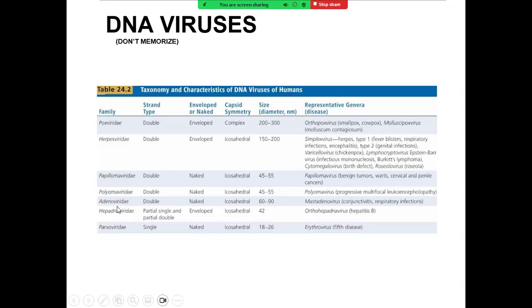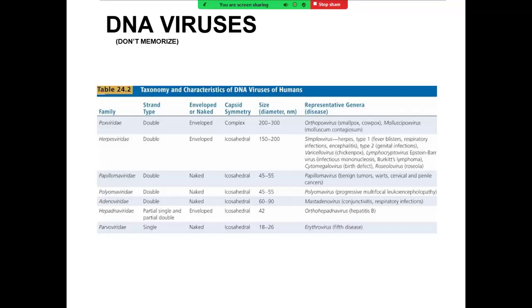We will talk just a little bit about the adenoviruses because there are 3 families of human viruses that cause the human cold. And one of those 3 families is family Adenoviridae, the adenoviruses.